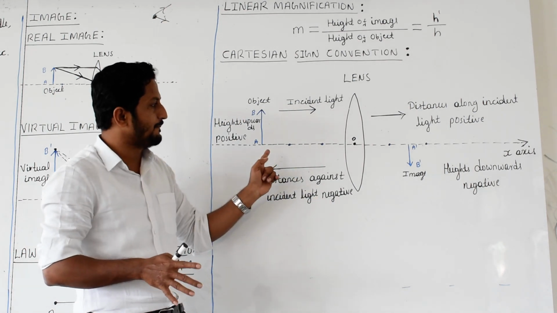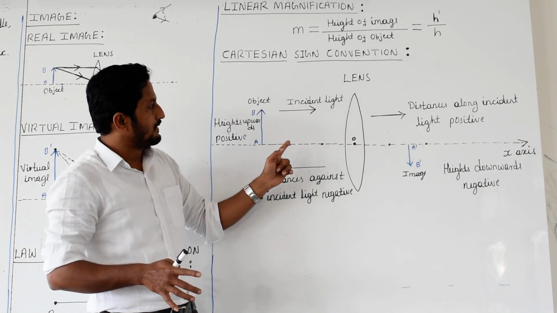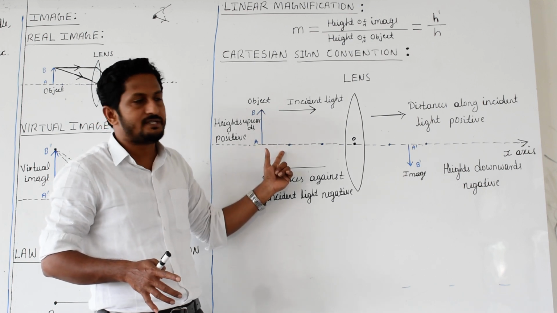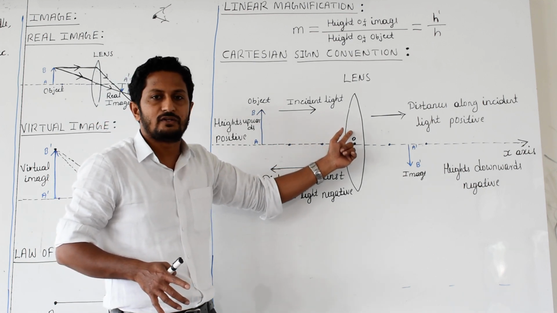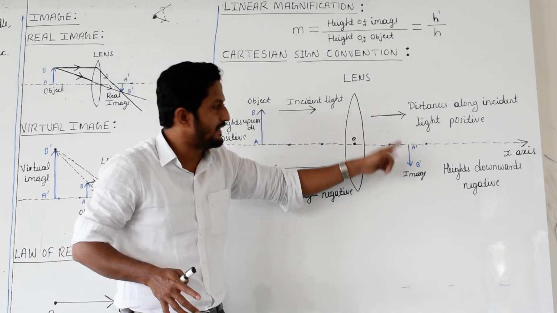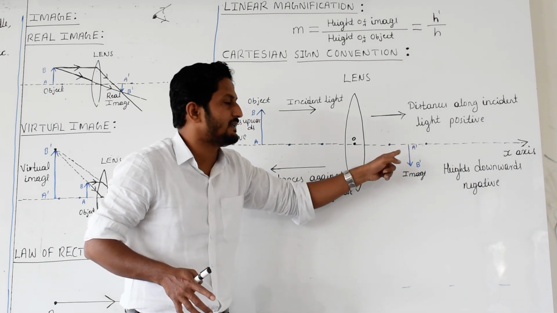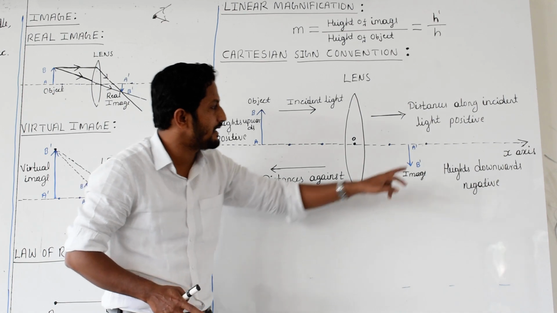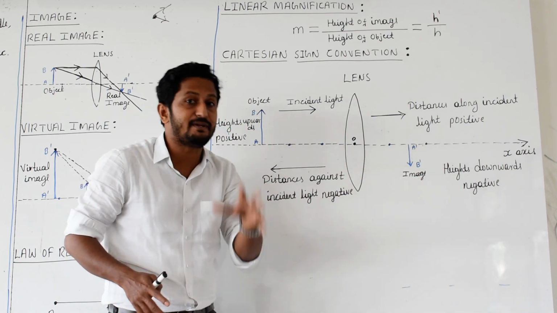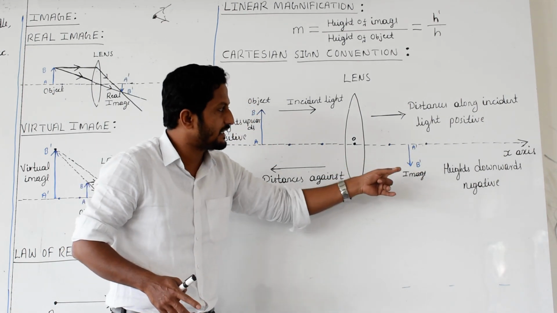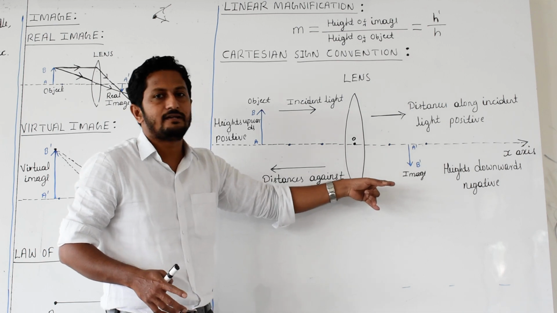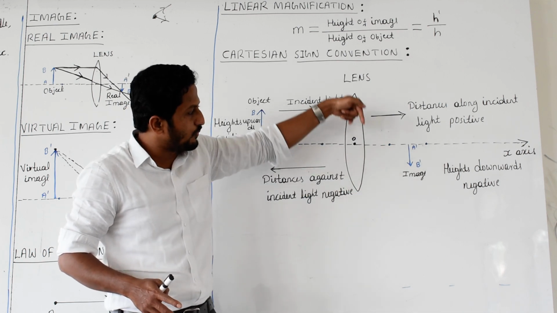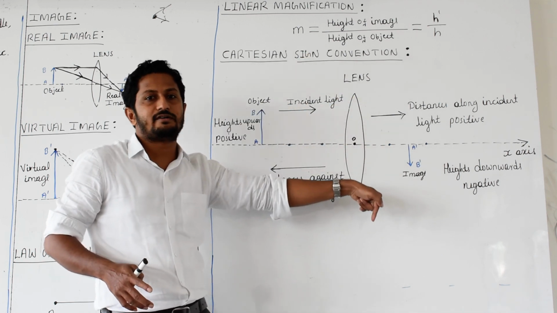Similarly here, light rays from this object AB got incident on the lens and refracted, and here they produced the image of object AB. Here A dash B dash is the image. Look how it is held: the image is produced vertically downward.